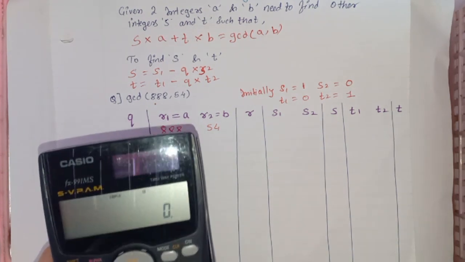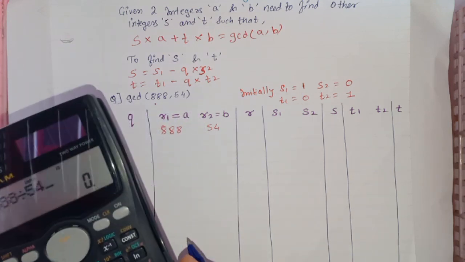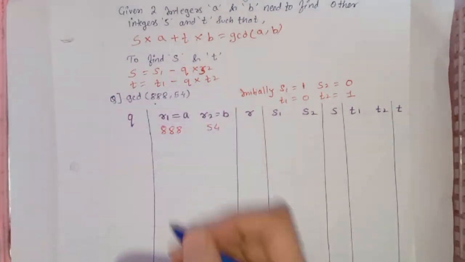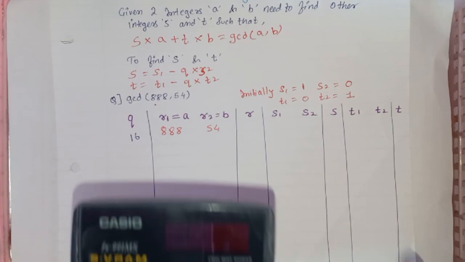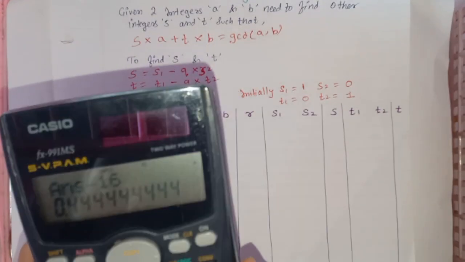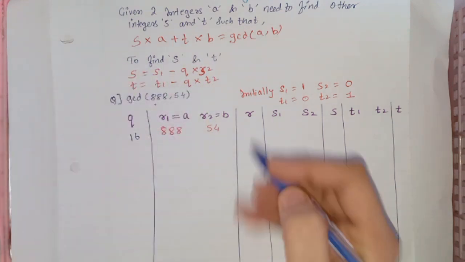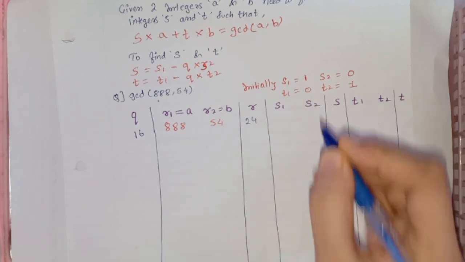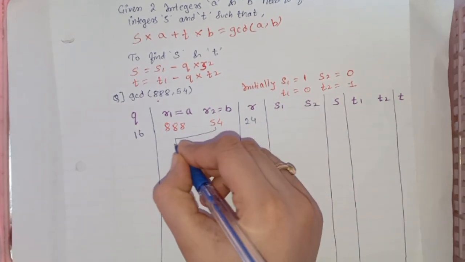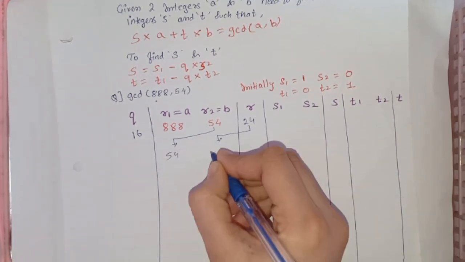Here we do 888 divided by 54. We get 16 point something. So 16 is our quotient. Subtract 16 and whatever we get, multiply it with B, that is 54. We get 24. Again next, this comes here, this comes here. So 54, 24.